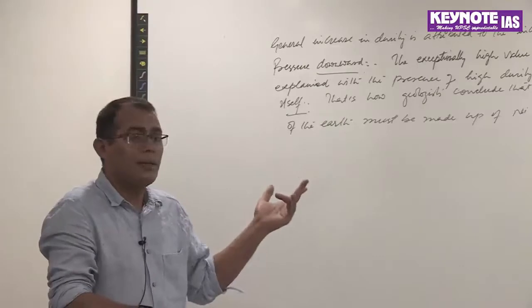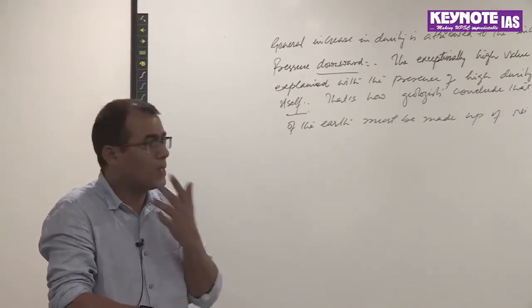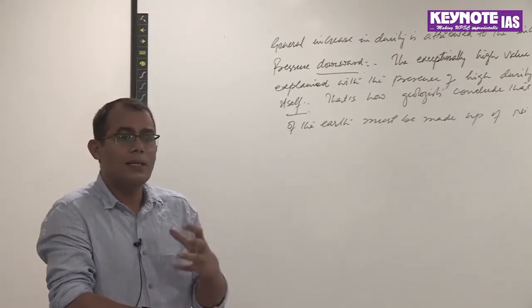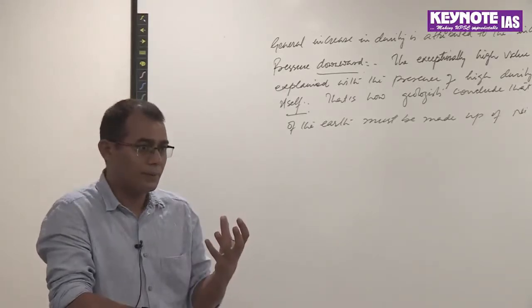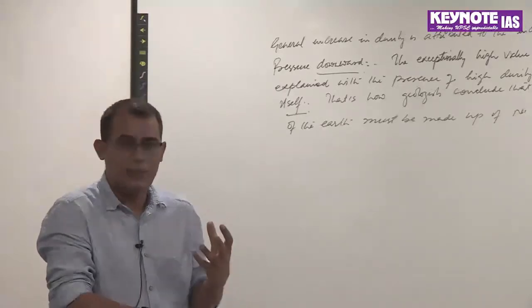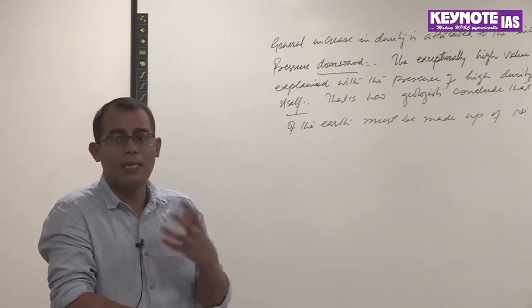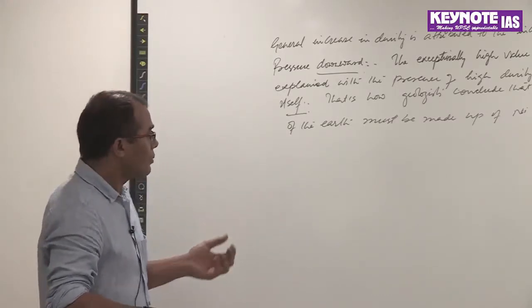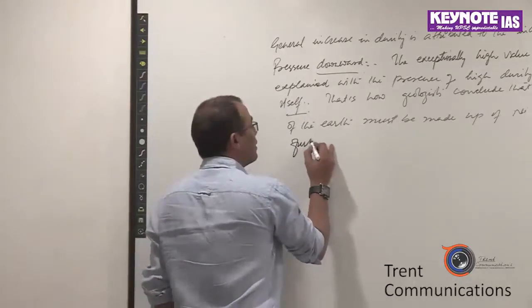Why nickel and iron? There are so many other minerals which are denser than nickel and iron. It's basically because nickel and iron are abundant among the minerals. Other minerals may have higher density, but they may not be found in that quantity to form the core. That's why nickel and iron is treated so.